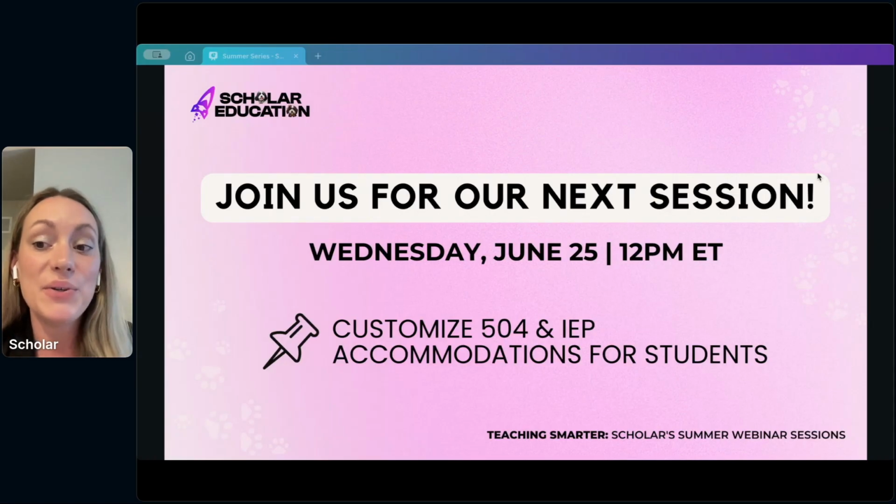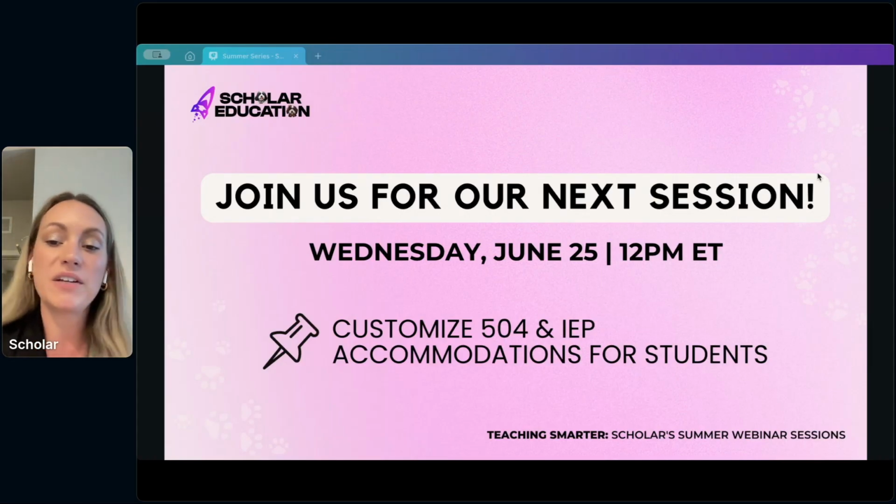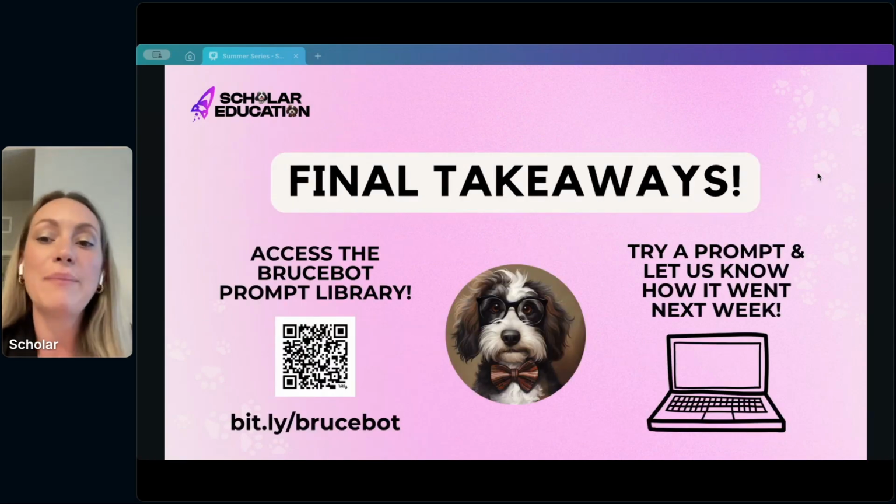We'll walk through how you can use AI to make accommodations more meaningful, manageable, and student-centered. So whether you're just getting started or ready to level up, there's more to come, and we're excited to keep learning alongside you. So let's wrap up a few final takeaways from today's session.